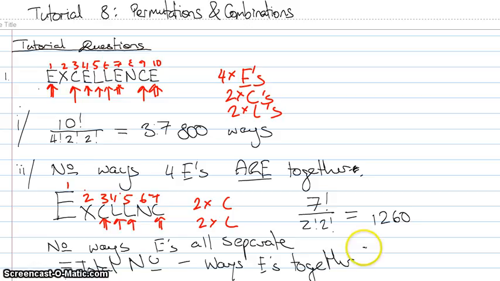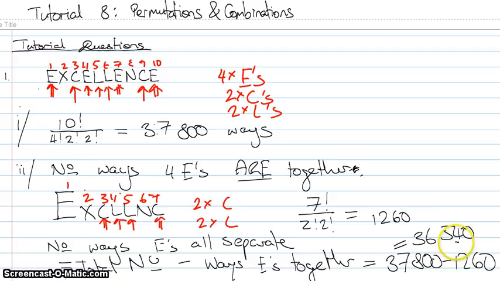We know both of these. This is going to be 37,800 minus 1,260. And that is equal to 36,540.